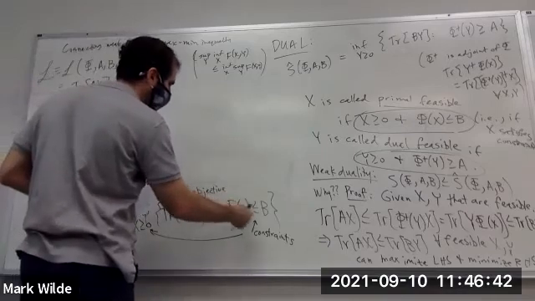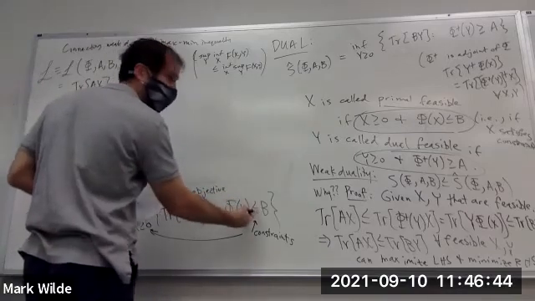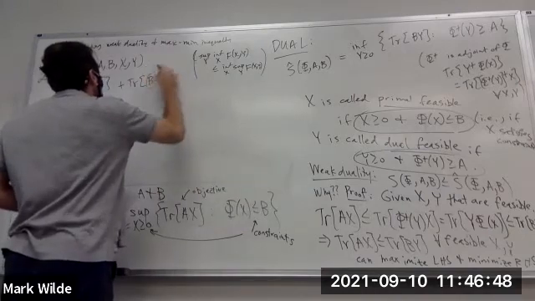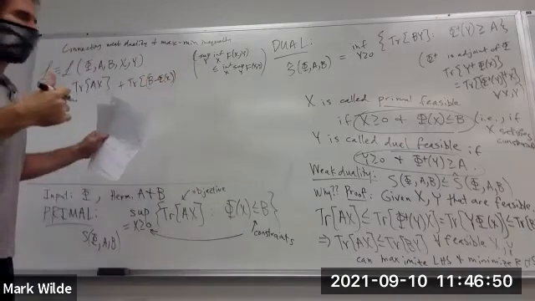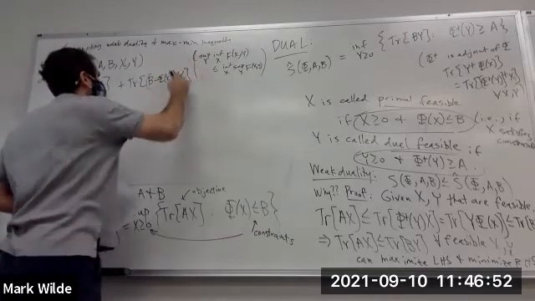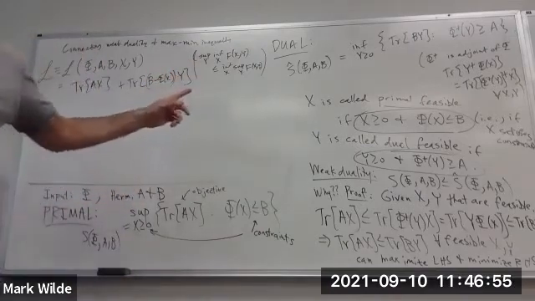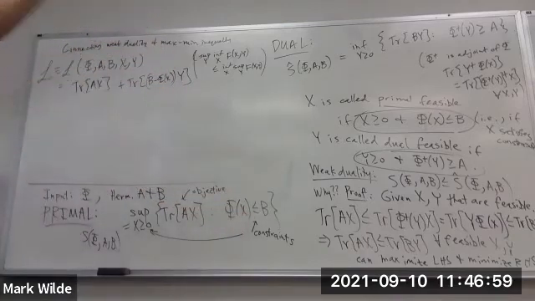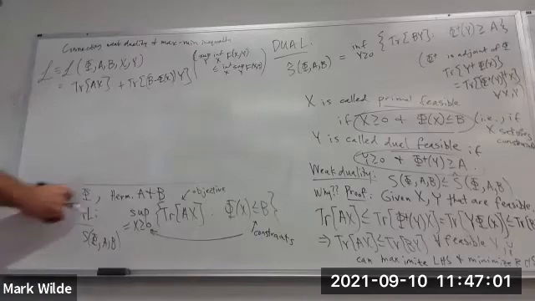I'm going to take B minus phi X, right? Take this constraint, and then multiply that by a Lagrange multiplier, Y, which is positive semi-definite. Because this is an inequality constraint, we take the Y to be positive semi-definite. Right.